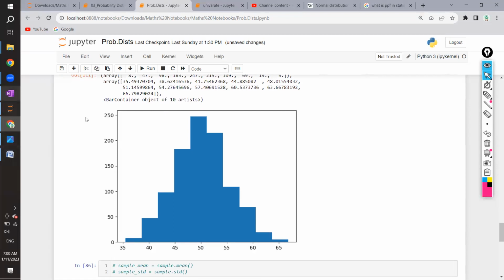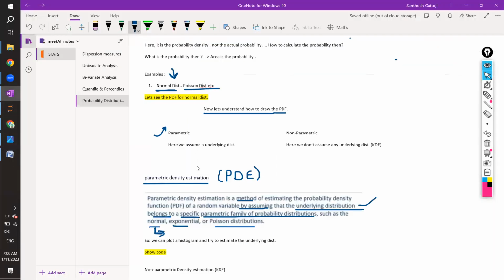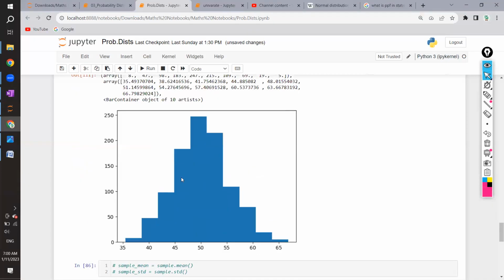As per our kernel parametric density estimation, based upon the observation, if you feel this is almost similar to a normal distribution, then you can assume that this continuous variable belongs to a normal distribution.